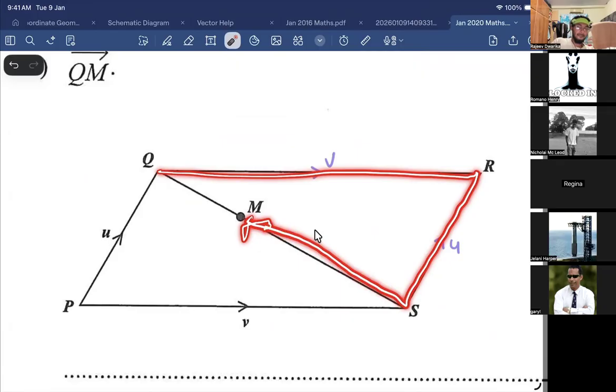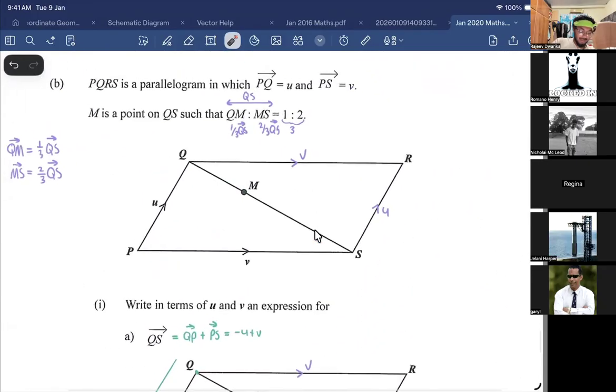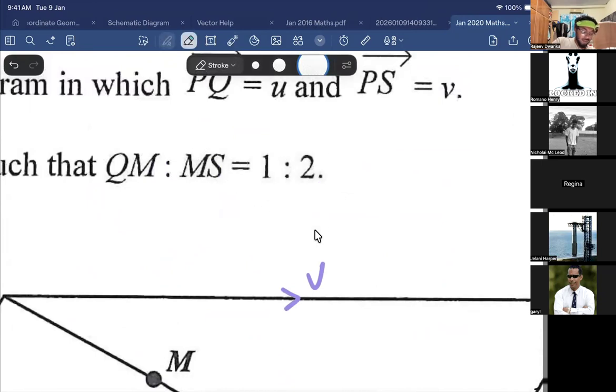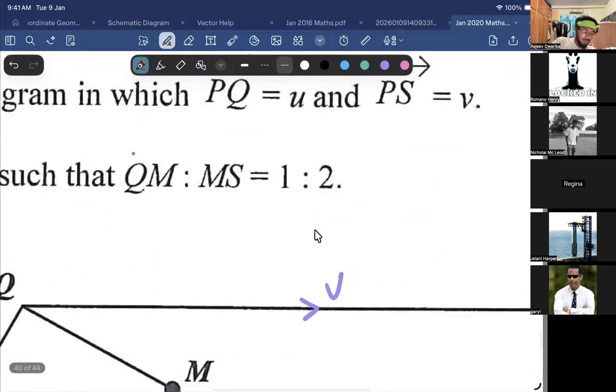When I tell you how to do this, you'll be like, nah. You want to blow your mind? Yes, sir. Okay, let me go back to this. This ratio splits Q to S, and we know that. Gary, how many parts does QM get out of the three?